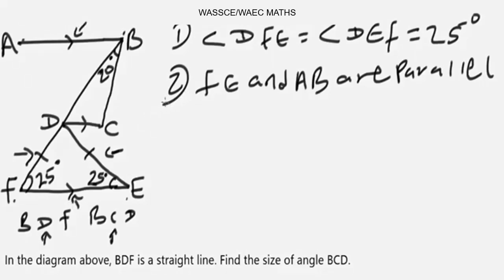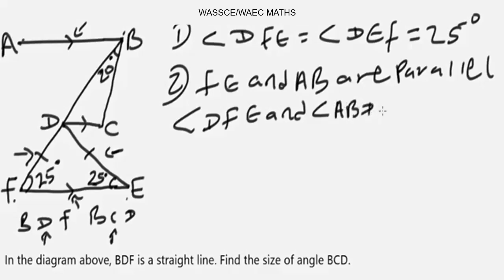Since the lines FE and AB are parallel, we can say that angle DFE and angle ABD are also 25 degrees.